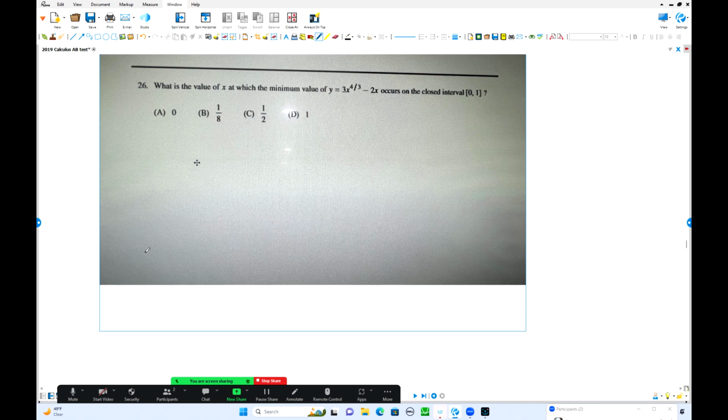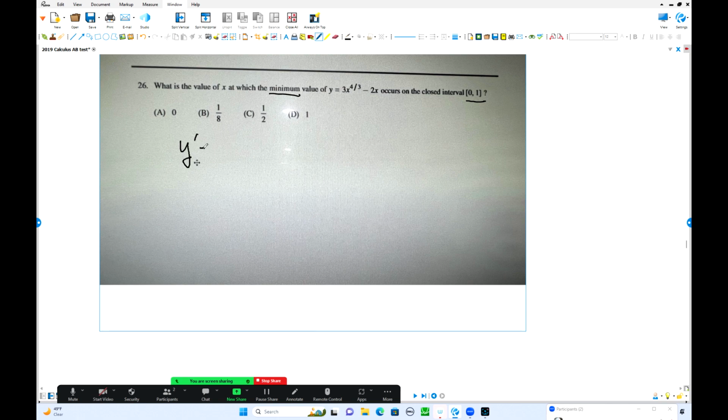Number 26. What is the value of x at which the minimum value of y equals 3x to the 4 thirds minus 2x occurs on this interval, 0 to 1? Always, when you look for a minimum or maximum, we check the derivative, the first derivative test, because we need the local maximum or local minimum.